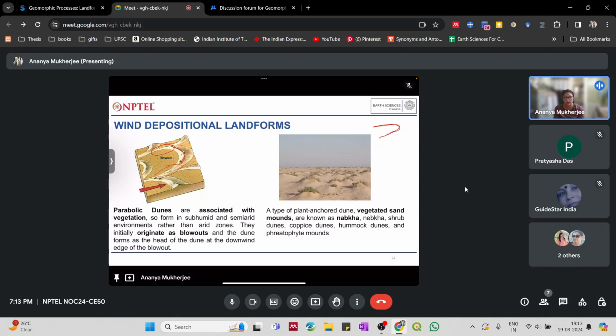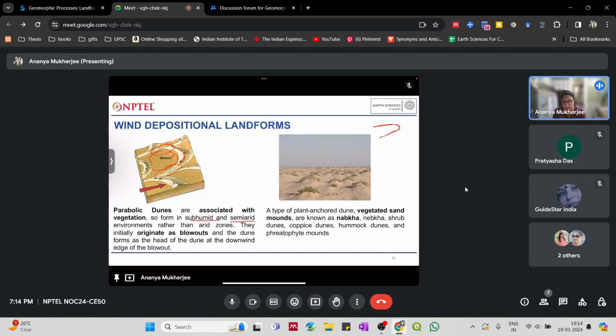As vegetation has a role in forming parabolic dunes, we can assume that these do not form in totally arid regions. You need some humidity, so they can form in subhumid and semi-arid regions, and they usually originate from blowouts, areas where the finer sediments have been blown away.